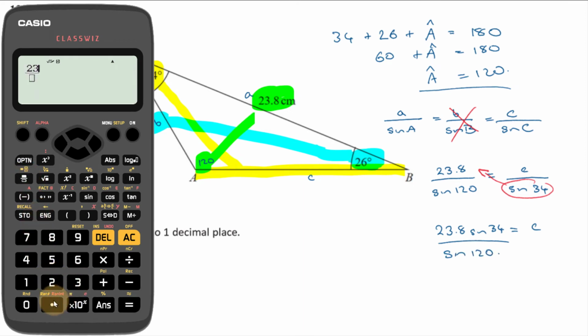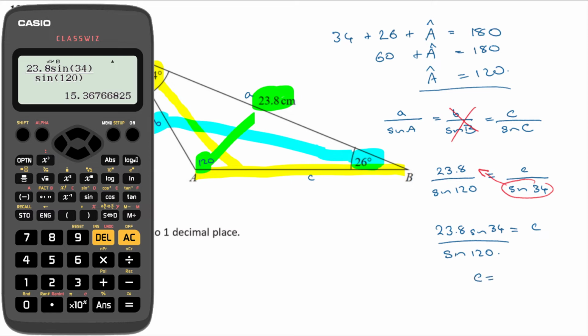Reach for the old calculator. 23.8 sine 34, divided by sine 120. That gives me 15.367. I'm going to round it off to one decimal point, so that's 15.4.